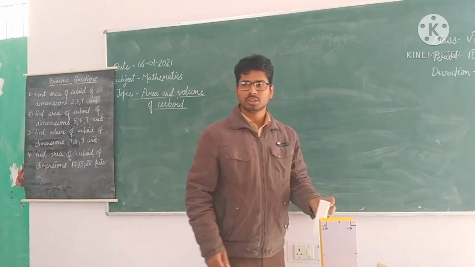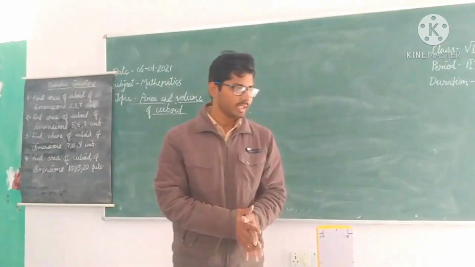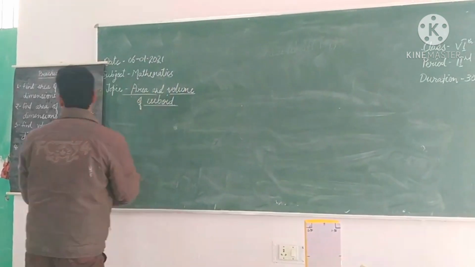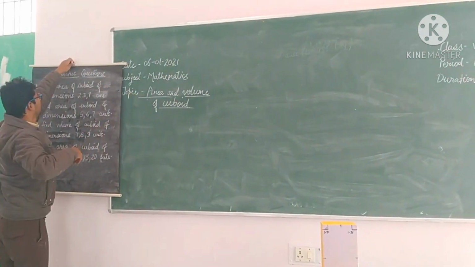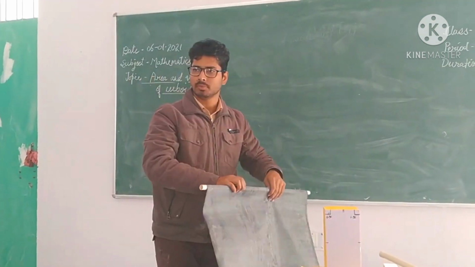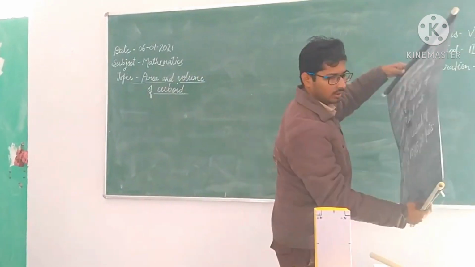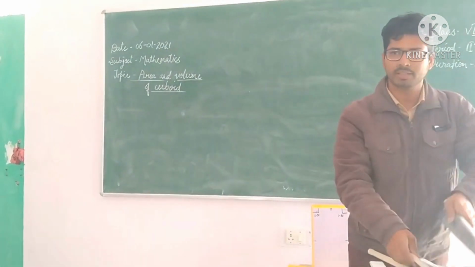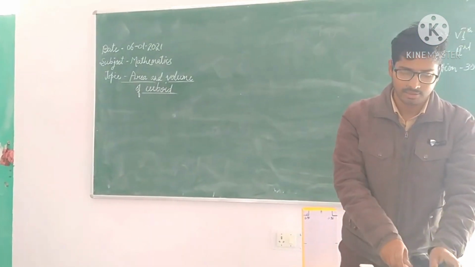So now we will do the third question. Okay, that's enough for today. Now I will give you some homework and you will do these questions and show me in your next class.